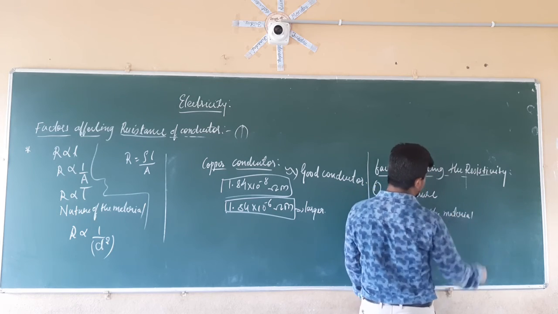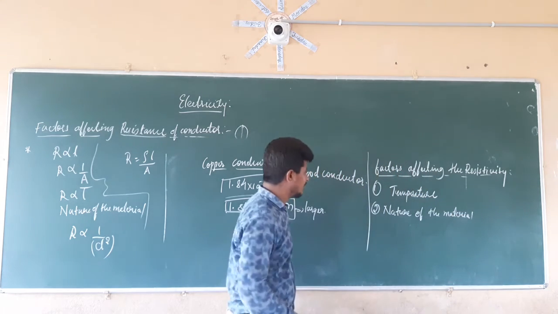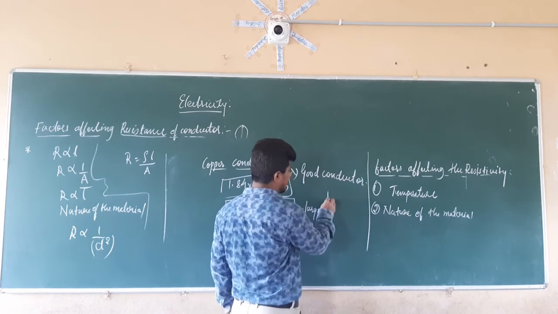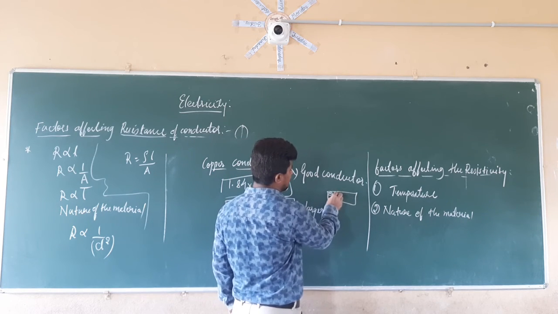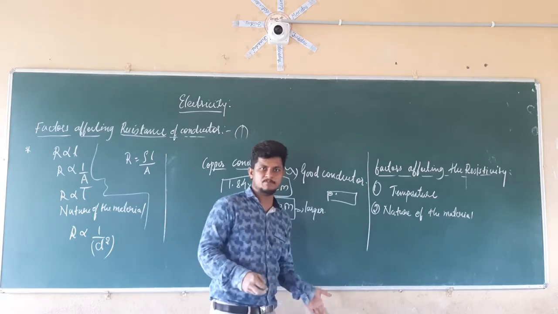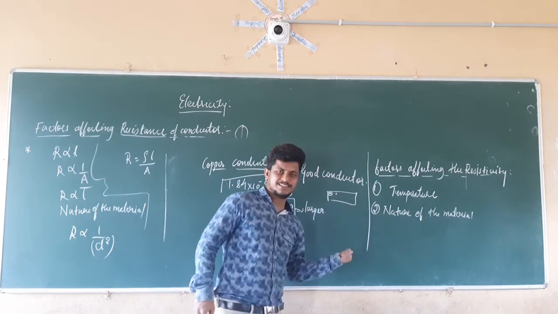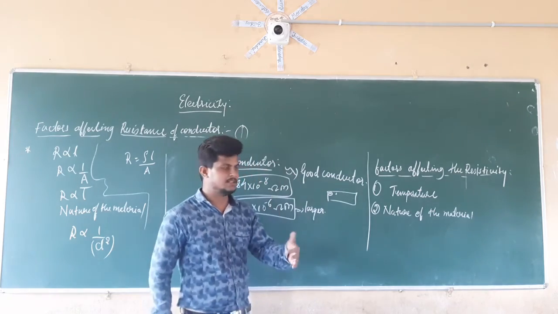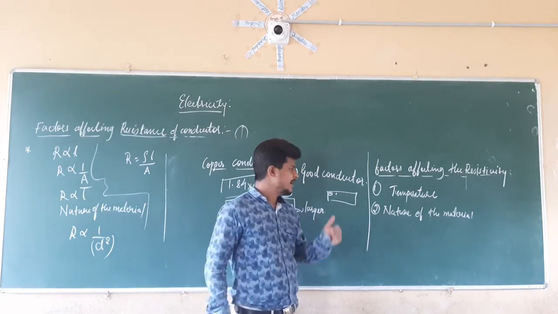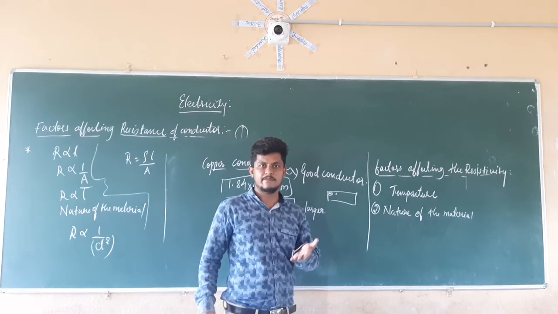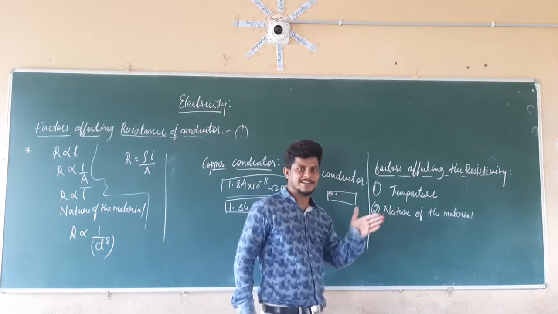Now take the first factor, temperature. A conductor has negative and positive charges, that is, electrons as well as protons. What will happen if you heat it? The electrons present in the conductor are going to jump out. If the electrons jump out, the number of charge carriers gets reduced.